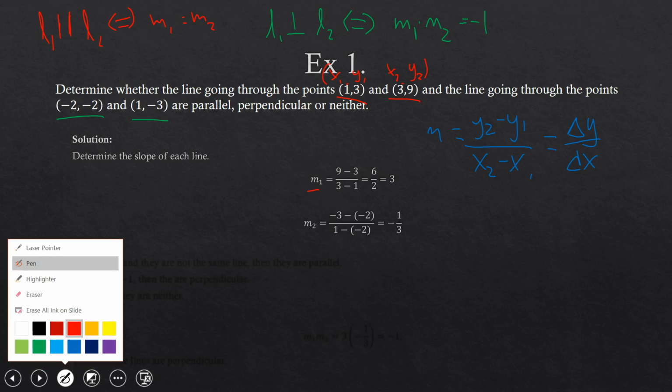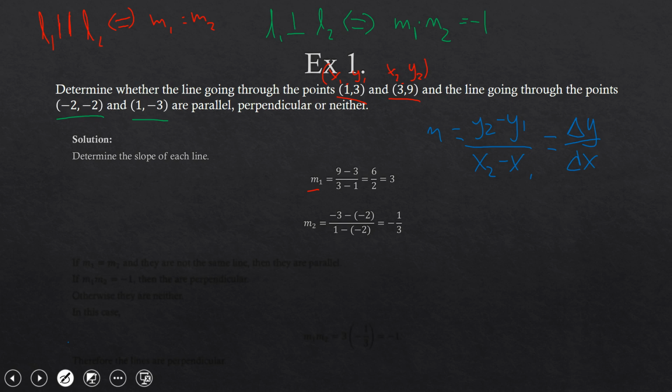We'll do the same thing for the other line. We're going to take -3, subtract -2 from that, and 1, and subtract -2 from that as well. That's -3 plus 2, and 1 plus 2.